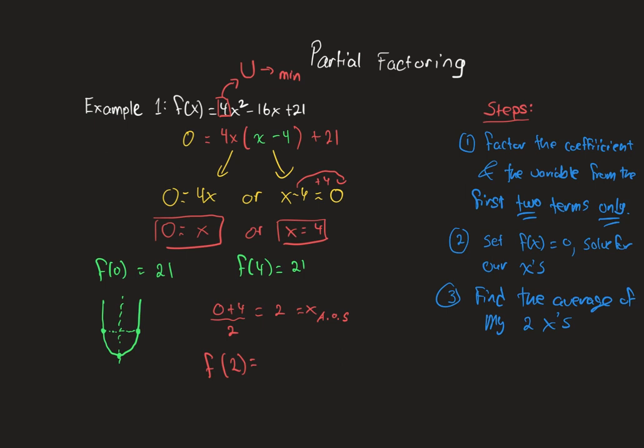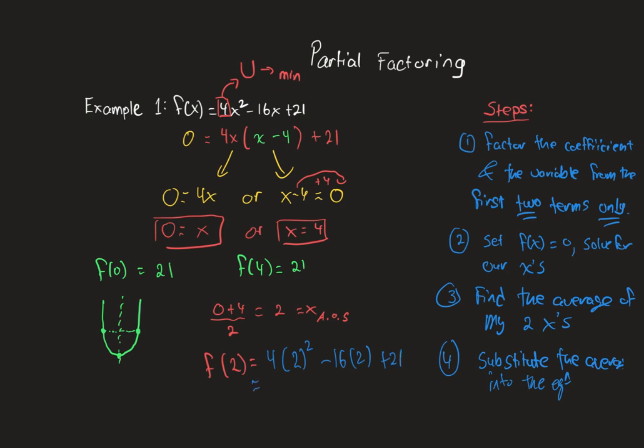So my final step, substitute the average into the equation. Okay, so you're going to have 4 times 2 squared minus 16 times 2 plus 21.